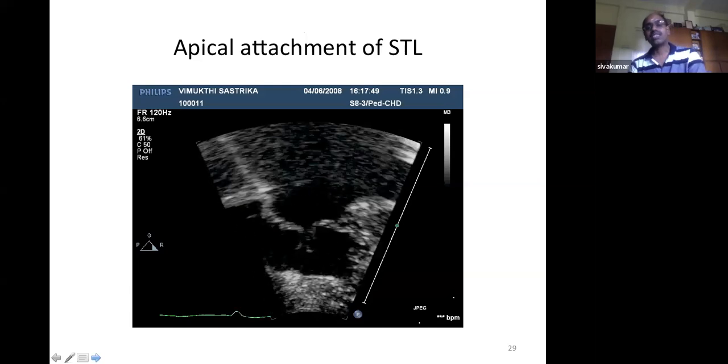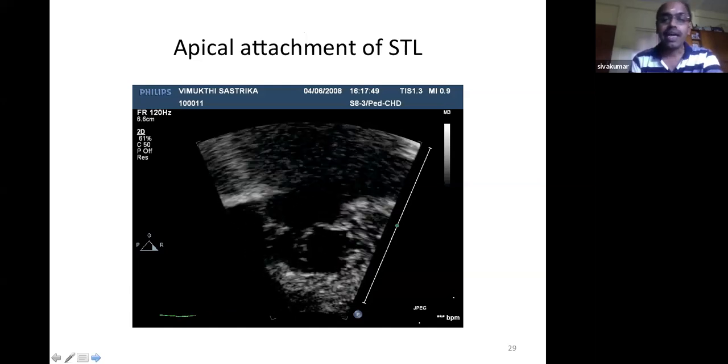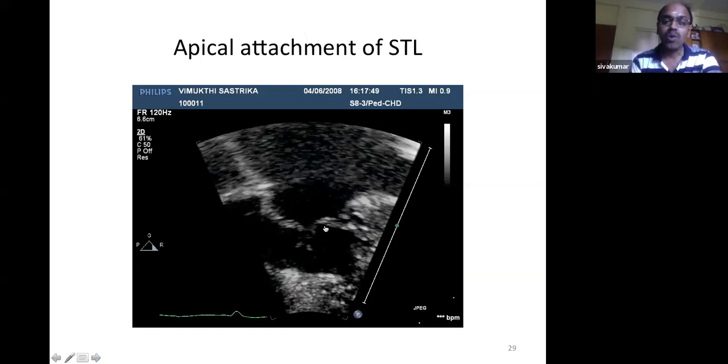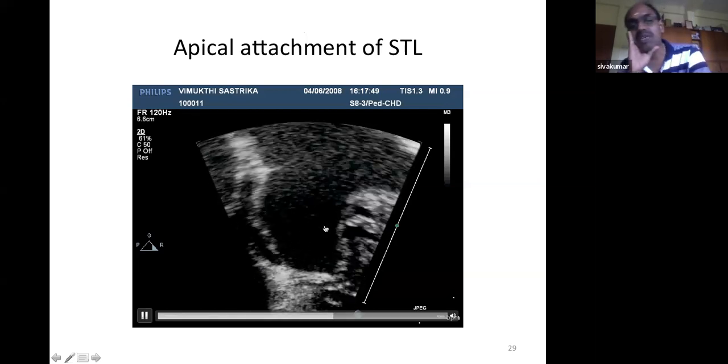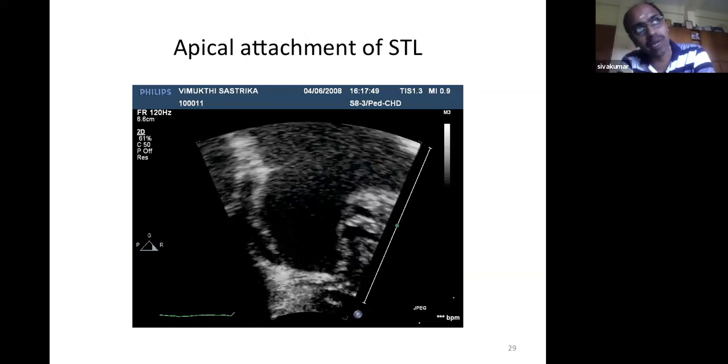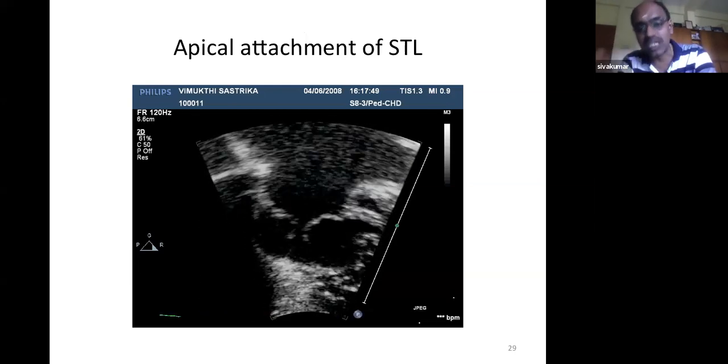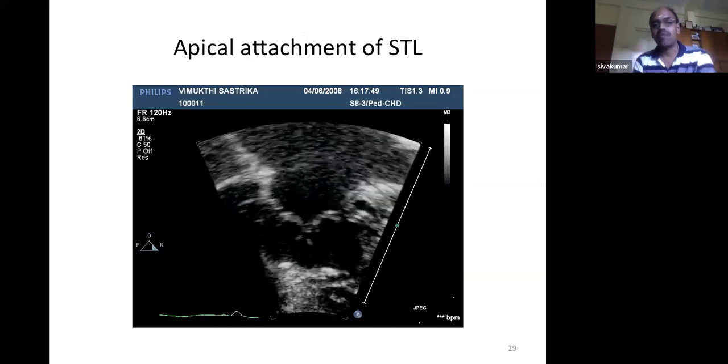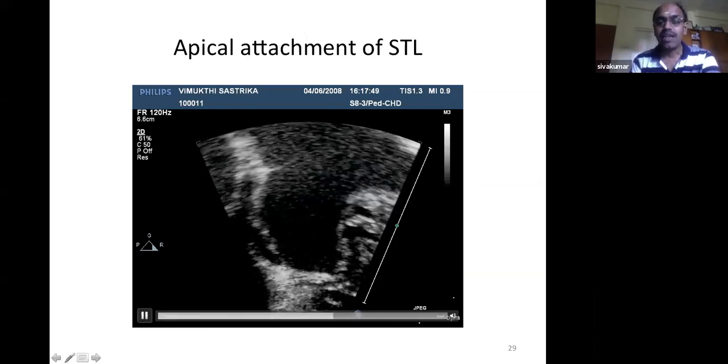Now let us assess the AV valve. The systemic AV valve is of more concern because these systemic AV valves are prone not only to a lot of anatomical abnormalities, but also a lot of functional abnormalities. We'll come to it. So this is the tricuspid valve.